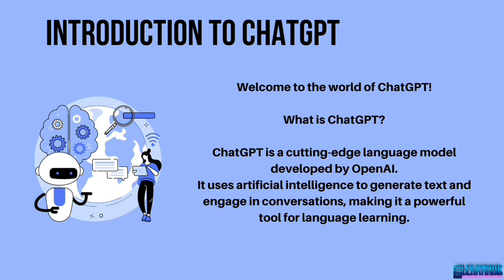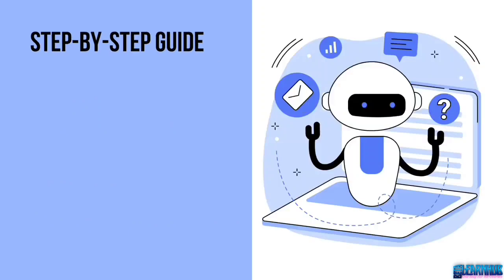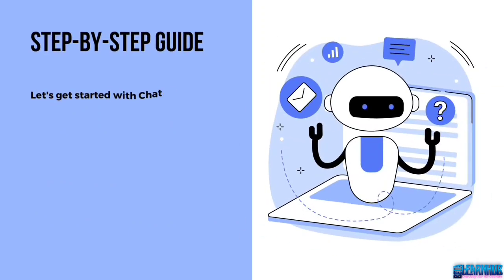So by leveraging this power of ChatGPT, we can create interactive and really engaging language learning experiences that can help you improve your language skills quickly and effectively. It really is so much fun to use. And let's take a look at how we get started.